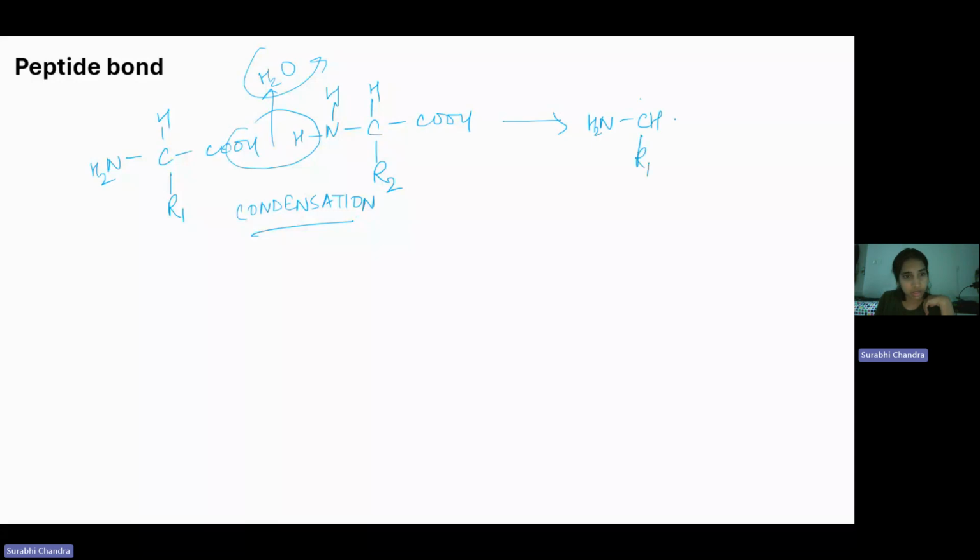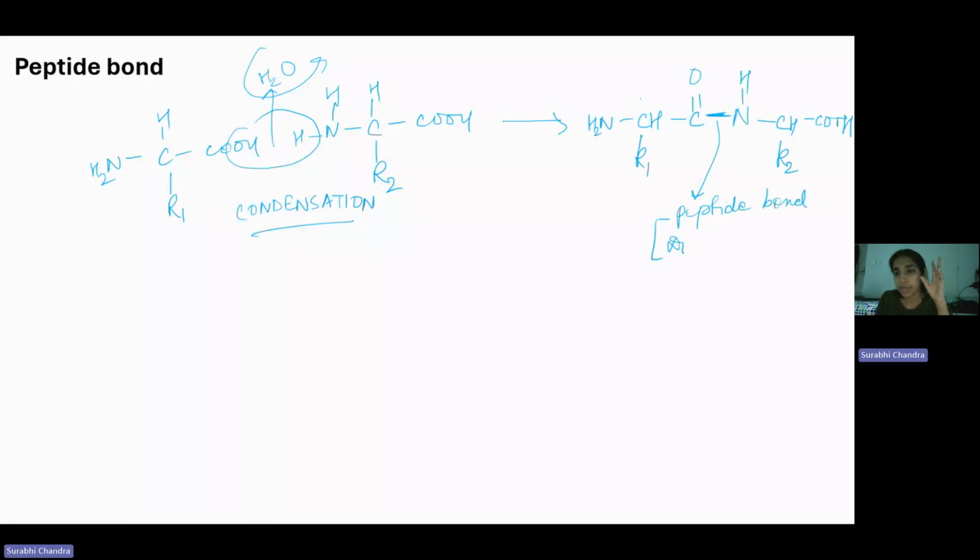CH. This is the one amino acid. The OH group is gone from here as water. Then we have N here, which is having an H attached to it. Okay. So this particular bond here is known as peptide bond.